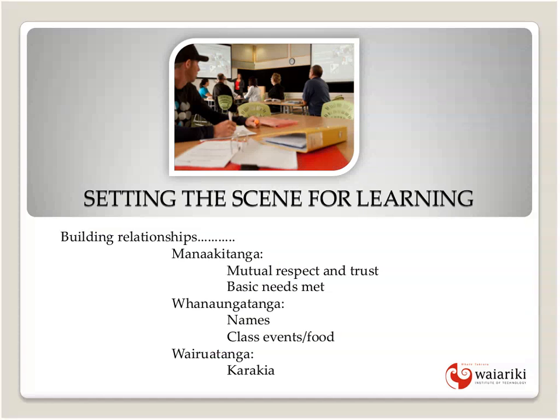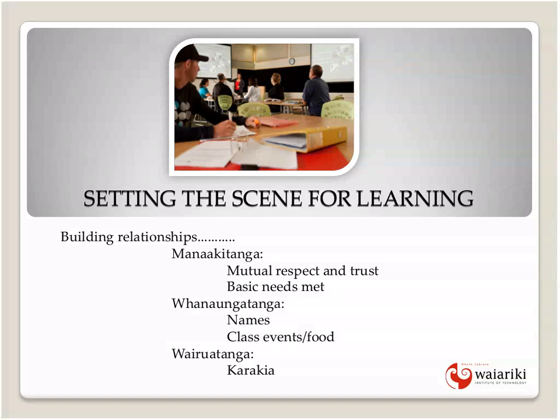An example of using the values is when setting the scene for learning, we talk a lot about manaakitanga, where there's mutual respect and trust and the basic needs are met. Whanaungatanga, where we know every student's name, we endeavour to pronounce them correctly, and we look after our students with class events, food, just caring for them like one of the family.